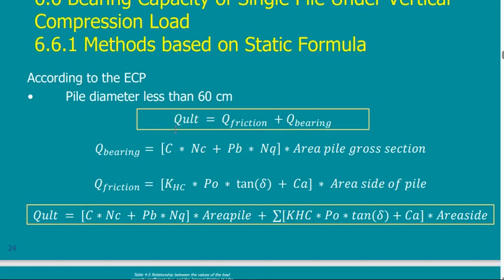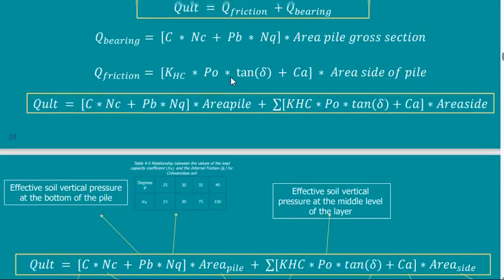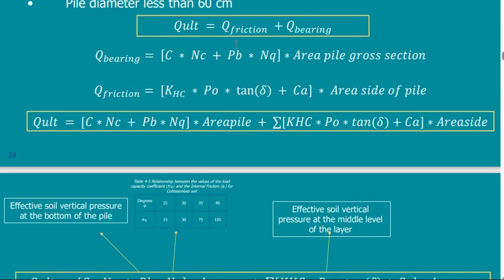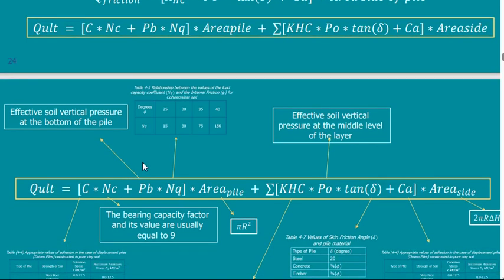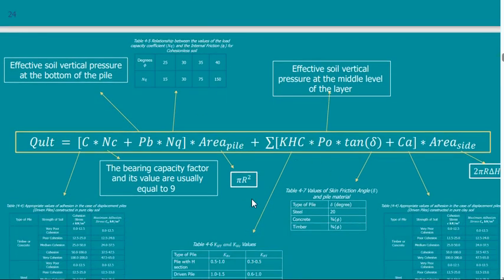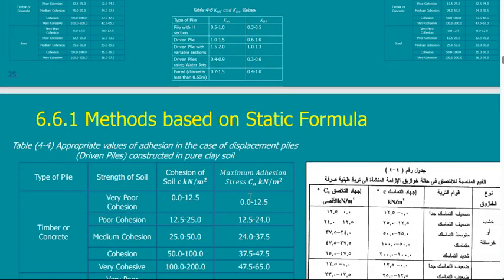We have Q ultimate, which is the sum of the Q friction plus the Q bearing. You have to understand the parameters used in the bearing, and the parameters used in the friction. All of this is given here in this slide. So this is the first type that you are going to use.